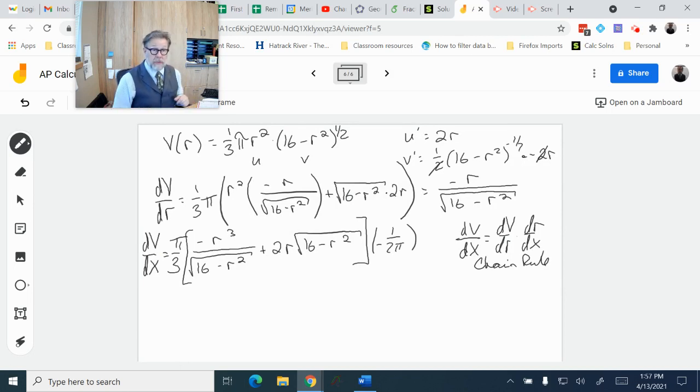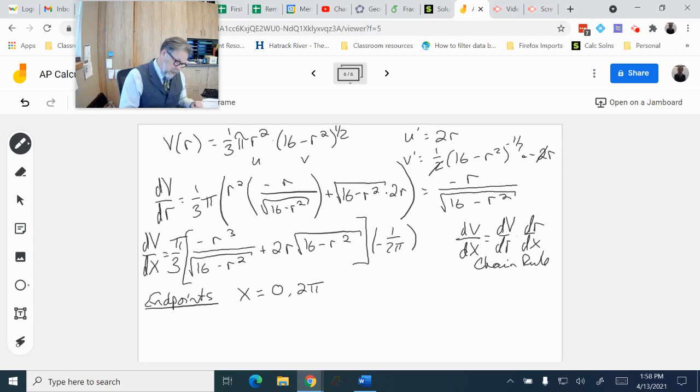So I want to maximize volume: critical points and endpoints. Obviously, my endpoints are when x equals 0 and x equals 2 pi, which, of course, presumably will be the same thing, which is, I got nothing.